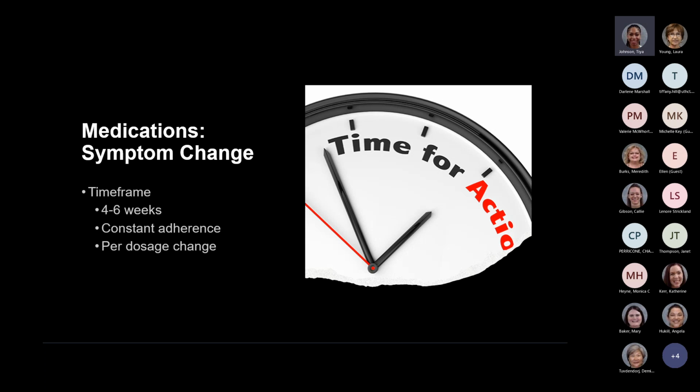Now, I expect patients to miss their medication at least 1 or 2 times a week. It's not ideal, but being realistic, that will happen, especially if some parents are allowing the children to take over their medicines on their own, which I don't recommend, but some parents do allow that, especially in older kids. And so there can be times when some doses get missed, but hopefully they are consistently taking it the majority of the time for 4 to 6 weeks, so that we can assess if it's working or not.